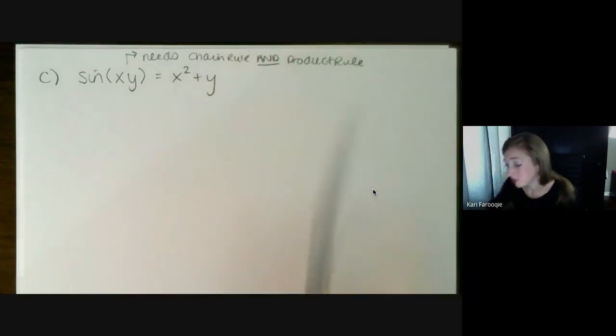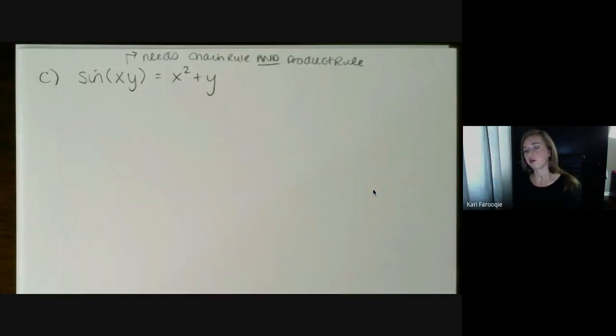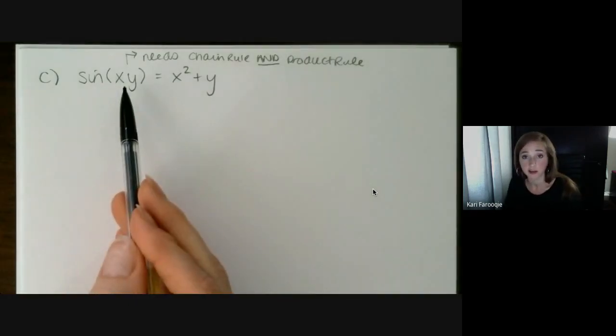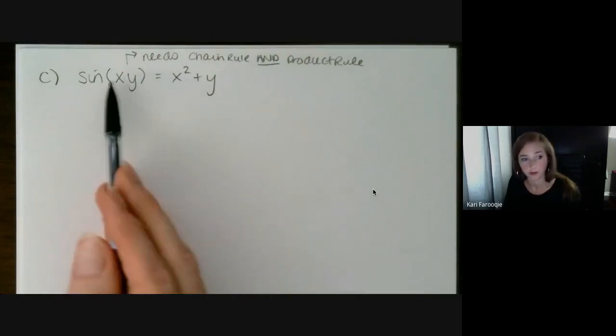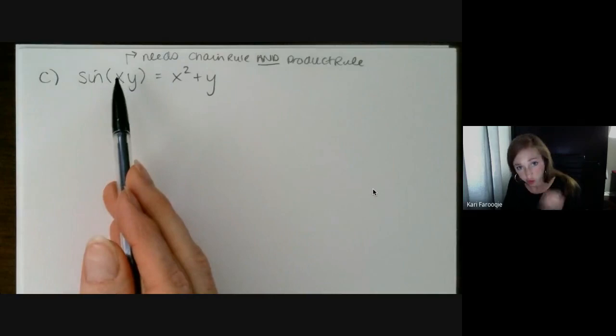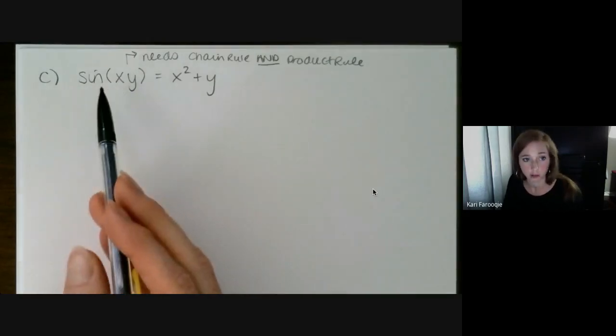And again, students are always kind of stuck on, well, how do I know when I need this? How do I know when I need that? A lot of times it's just practicing a lot, getting a good feel for what's happening. I mean, I can tell you the technical reason why you need it. Technically, you don't just have sine x. Anytime you're taking a trig function and the inside function is something other than just x, you need the chain rule.